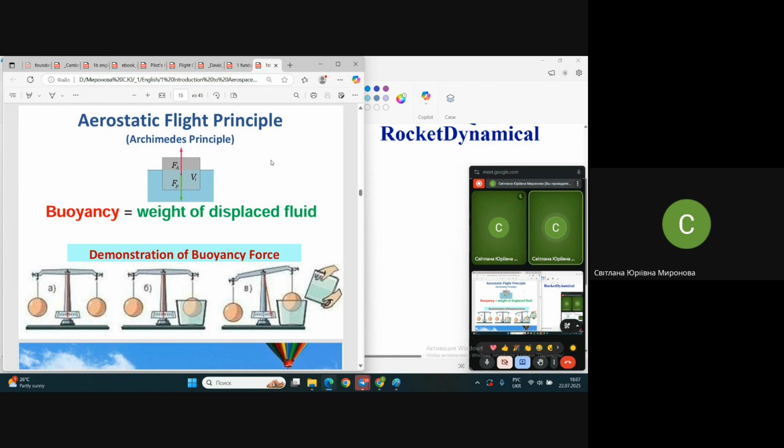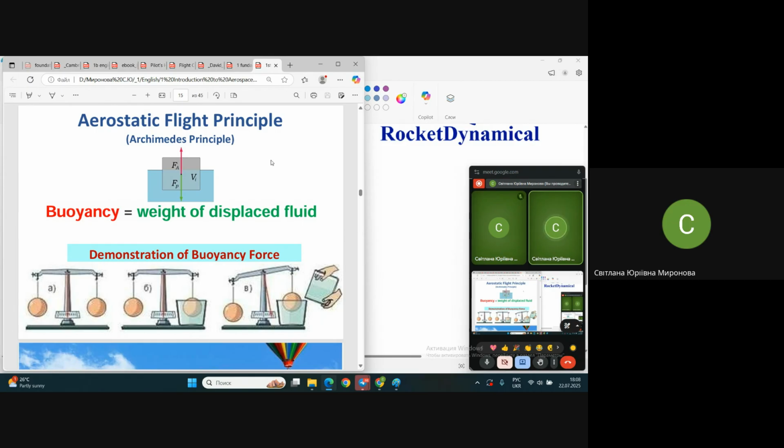You know that the parameters of the atmosphere near the ground and at heights are completely different. We have some layers of atmosphere with different pressure, with different temperature, and so on.